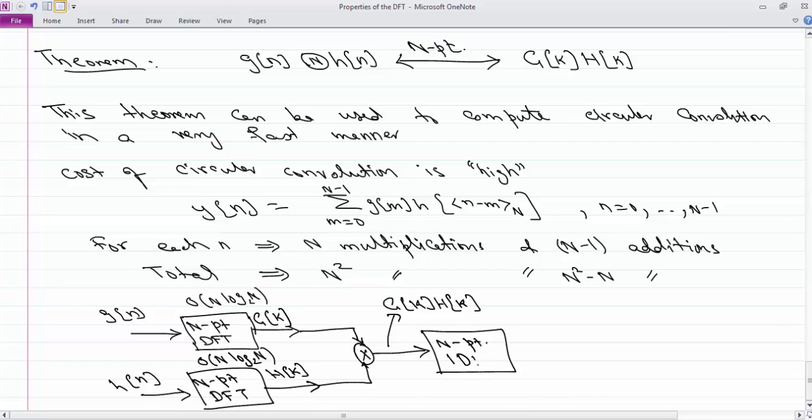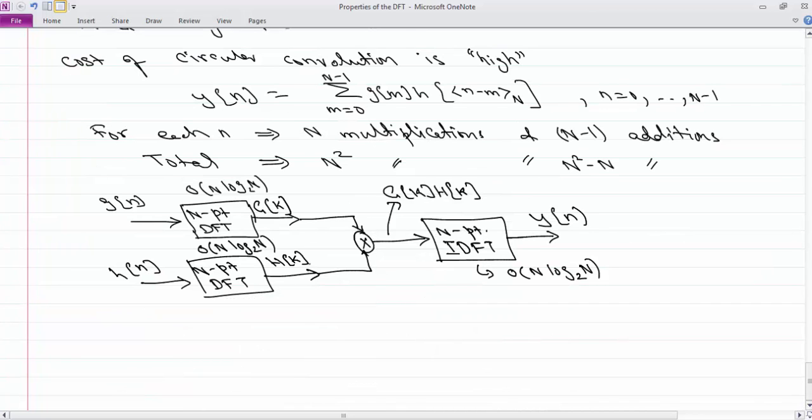I get an n-point inverse DFT, and what I should get is indeed y[n] by this formula. Now, what is the cost of this n-point inverse DFT? It is also order n log n to the base 2 because you can use again FFT or inverse FFT.